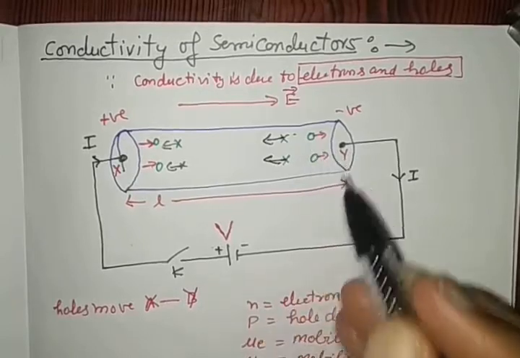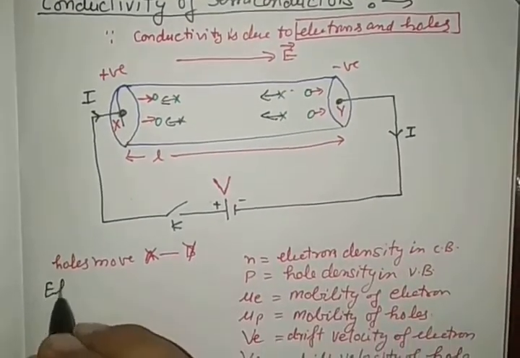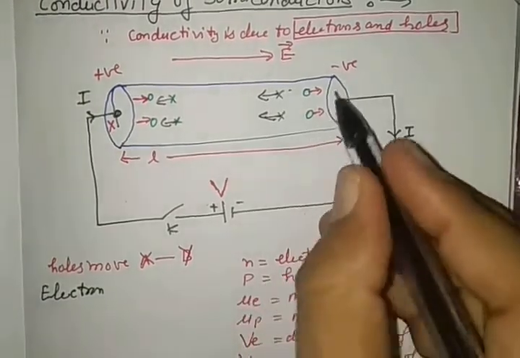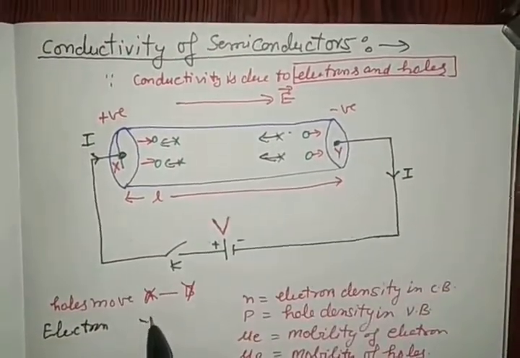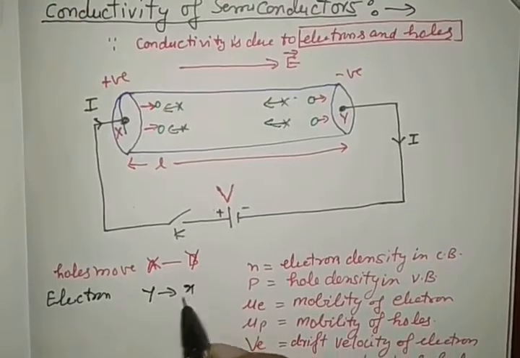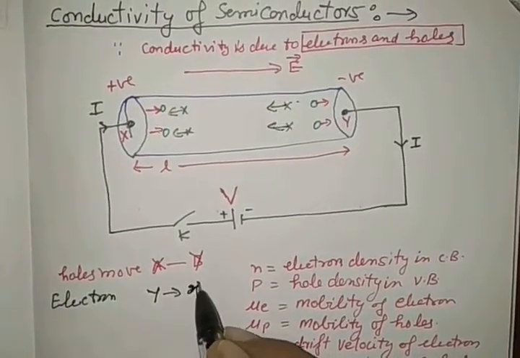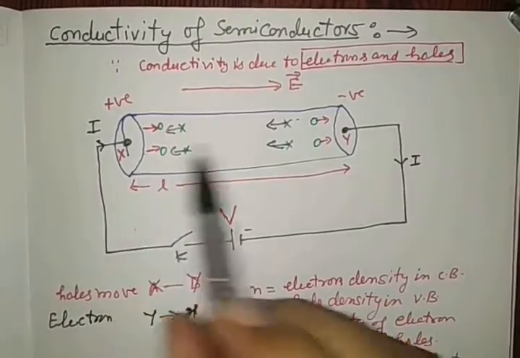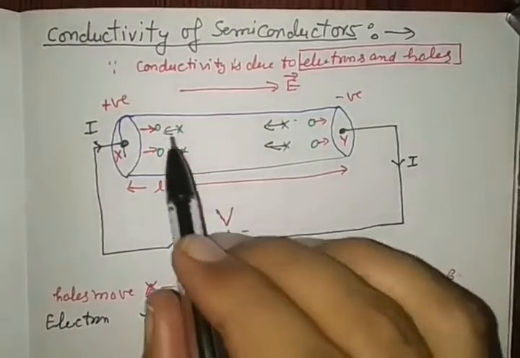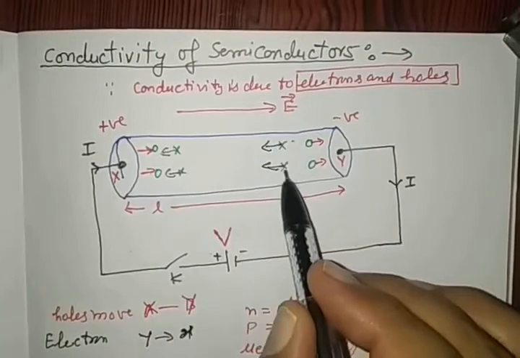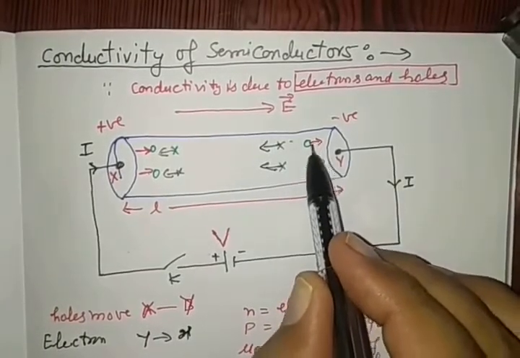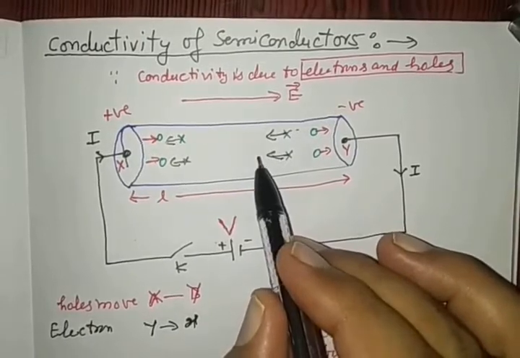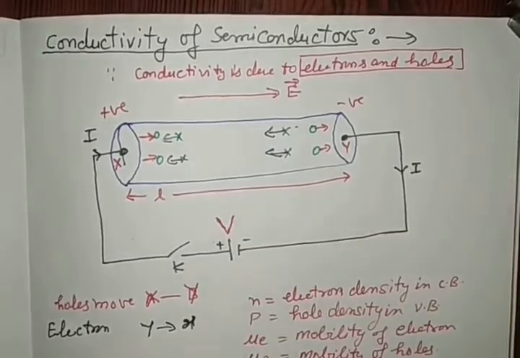So electrons move from Y to X in the diagram, and holes move from X to Y. The direction of current is opposite to the flow of electrons and in the direction of holes. It means that both combinedly constitute the current.